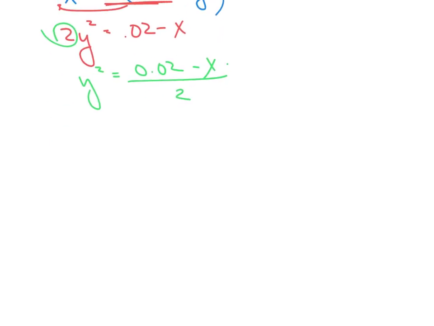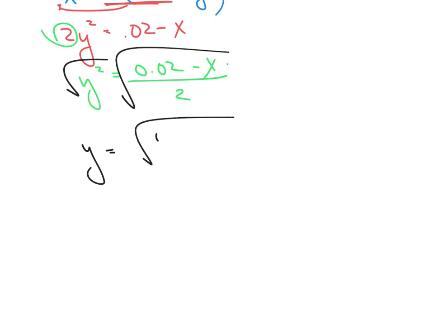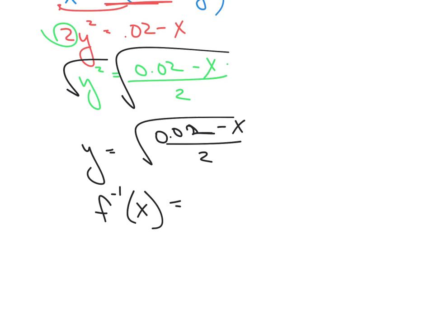I still haven't found my y yet, so I'm going to take the square root of both sides, and I get y equals the square root of 0.02 minus x over 2. I'm just rewriting what I put up there on top. Sorry about that. Okay, so now my y is by itself. I'm going to change that to the inverse function notation, and I'm going to end up with this here.